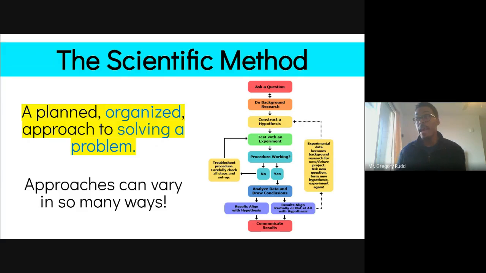Entrepreneurs face problems, and they have to go in and do trial and error, and they have to try and use different people or use different resources or try out different manufacturers or source their materials from a different place or a different company. So the scientific method is really a version of all of those things. It just allows you to solve a problem in a timely and in an organized way.